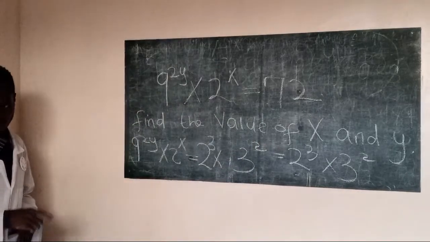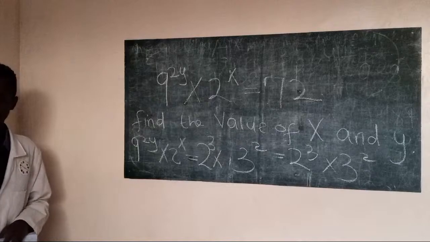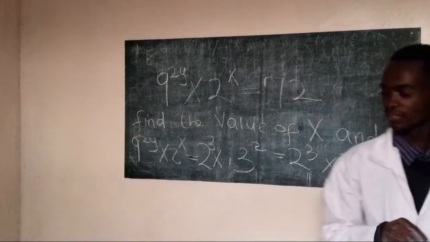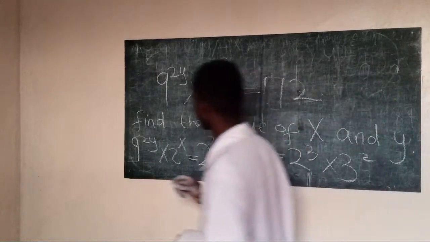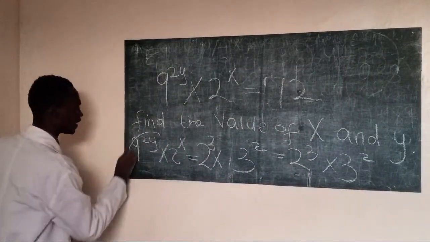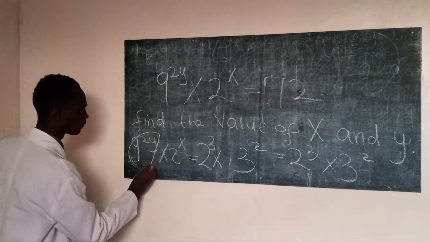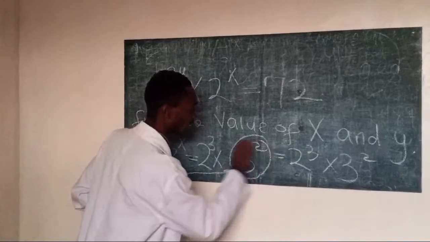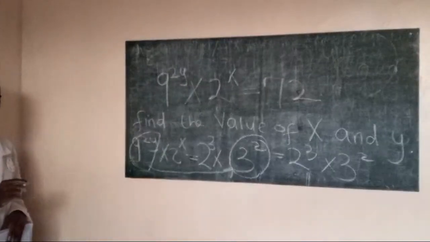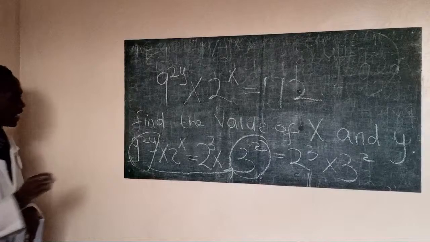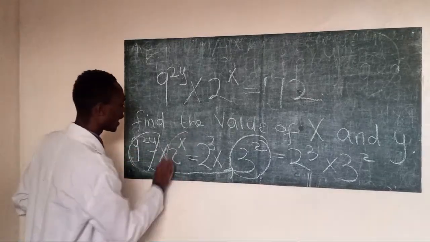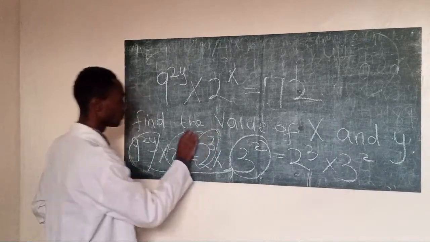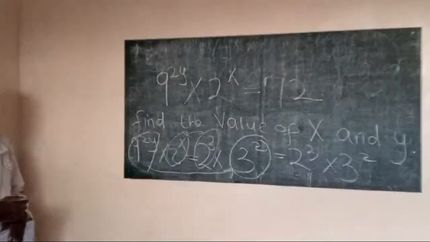Now, in indices, there is something that you call bases. 9 raised to 2y and 3 squared, we can put them in the same base. Can we put 2 raised to power x and 2 raised to power 3 in the same base? They are already in the same base, isn't it?